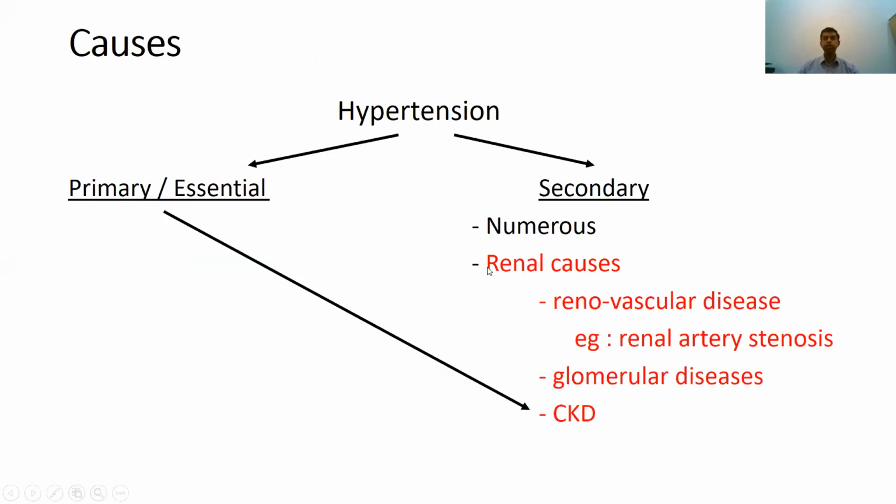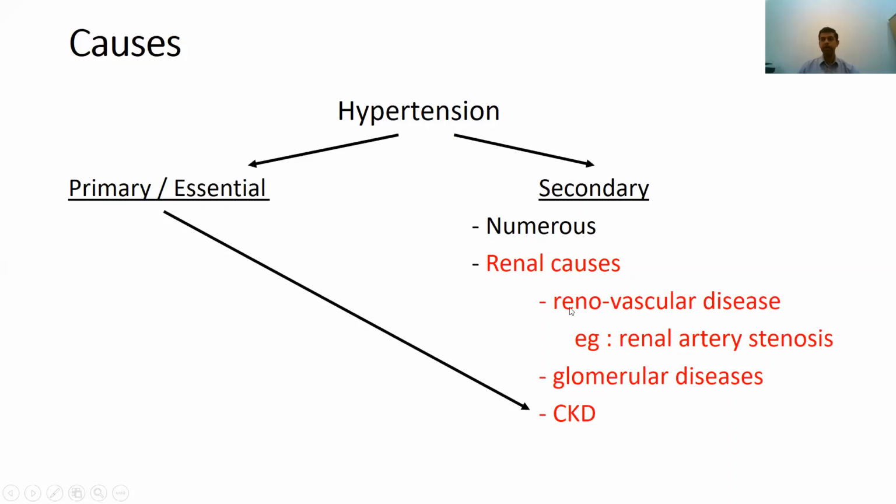So hypertension, if you talk about the causes, it could be primary or it could be secondary. So primary or essential hypertension, if it goes on for a long time and is not controlled well, can lead to CKD. At the same time, secondary hypertension has many causes like your endocrine causes, vascular causes, and renal causes are also one cause of hypertension.